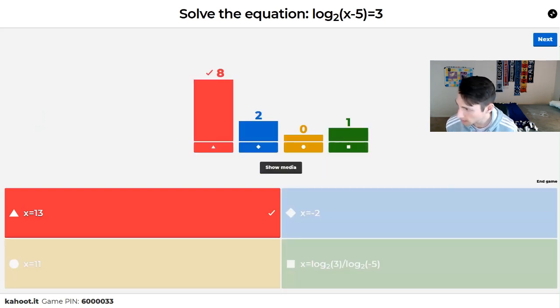X equals 13. Okay, nice. Right? Make an exponential base 2.